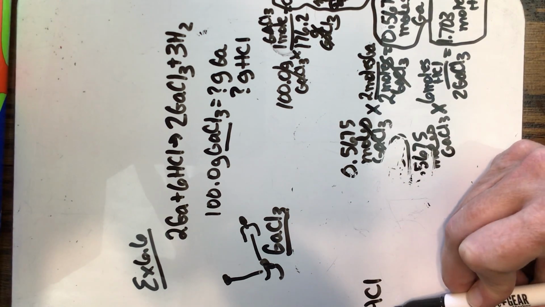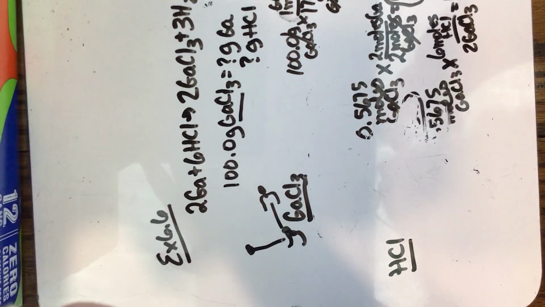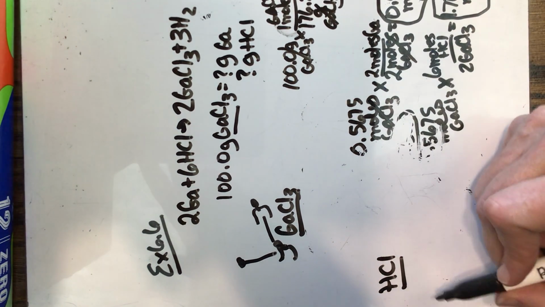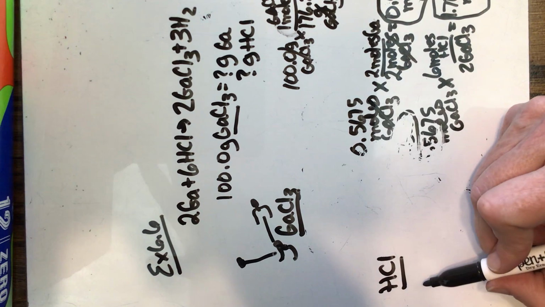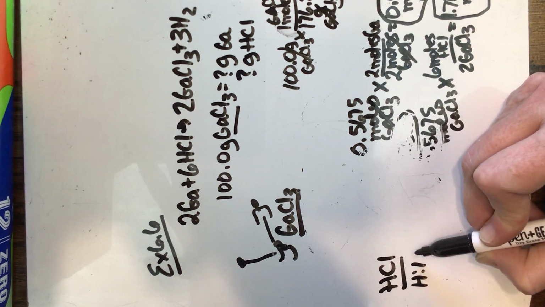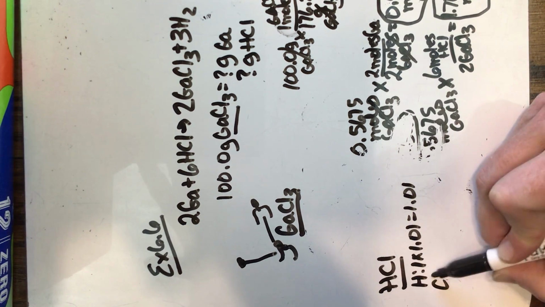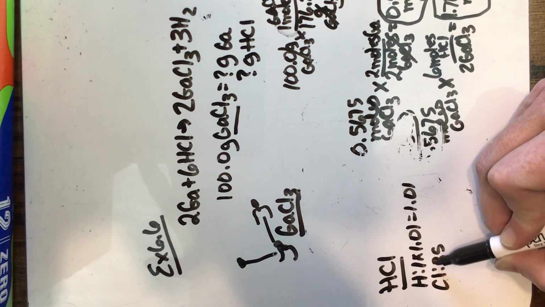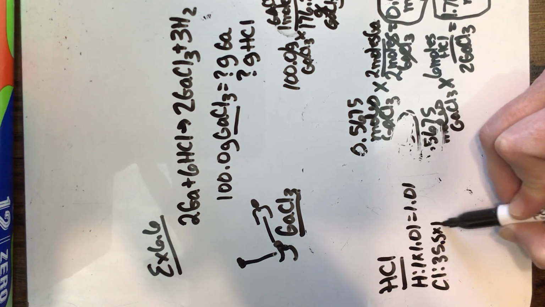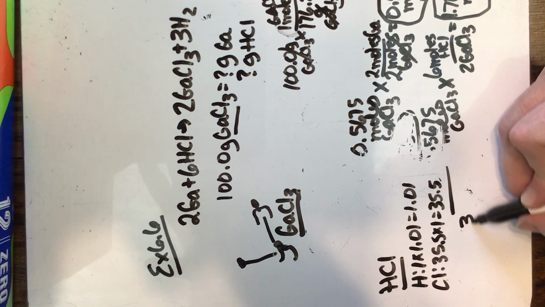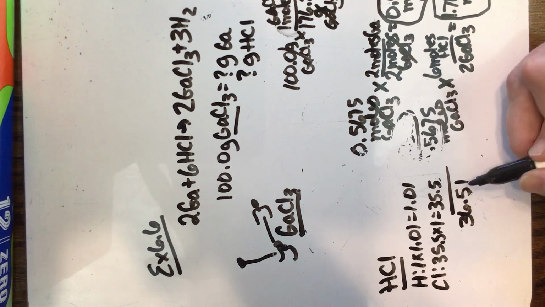I'll try to make better room next time so you can see how I would put it all together on my page. Okay, so for HCl, you have one hydrogen, which is 1.01 AMUs, and you have one chlorine, which is 35.5. This ends up being 36.51.